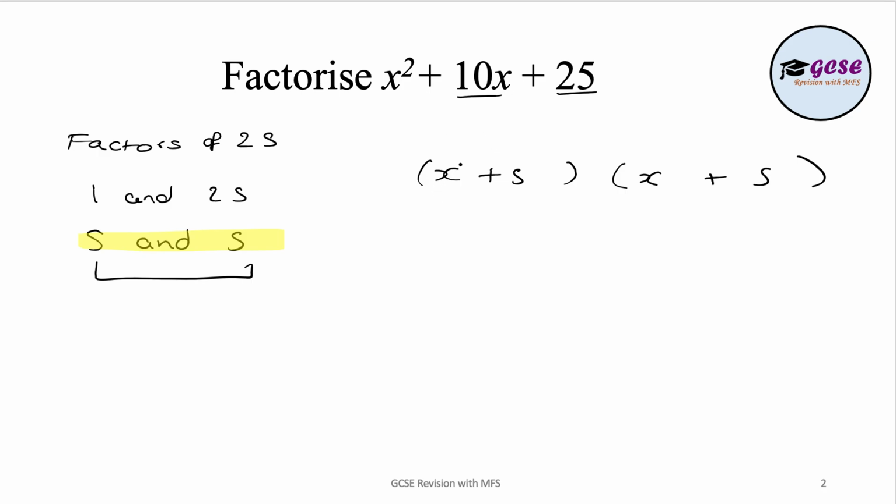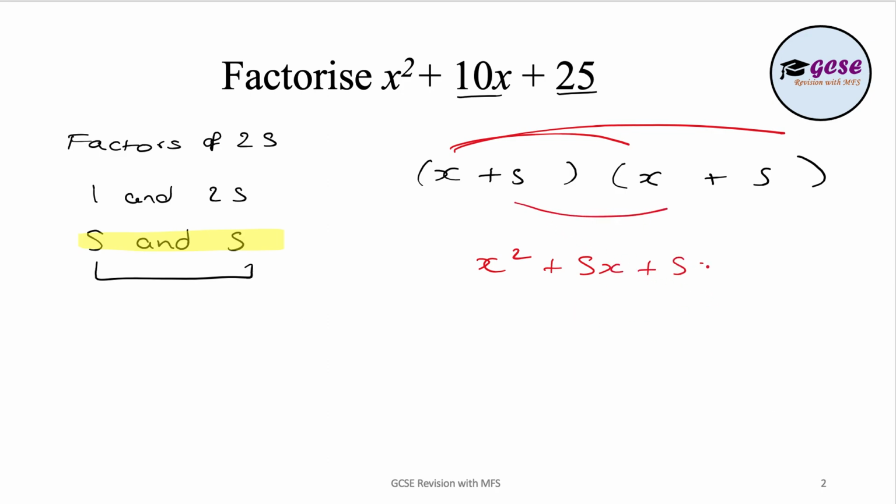Now, to check our answer is correct, all we need to do is expand the brackets and we should get this quadratic. So x multiplied by x is x squared, x multiplied by positive 5 is positive 5x, 5 multiplied by x is another positive 5x, and 5 multiplied by 5 is positive 25.